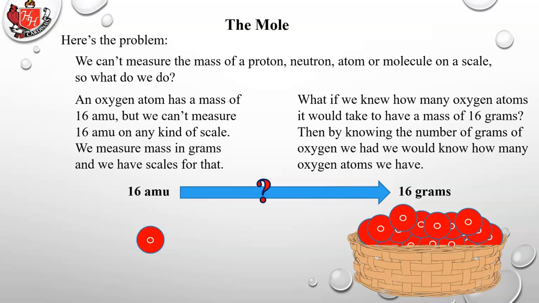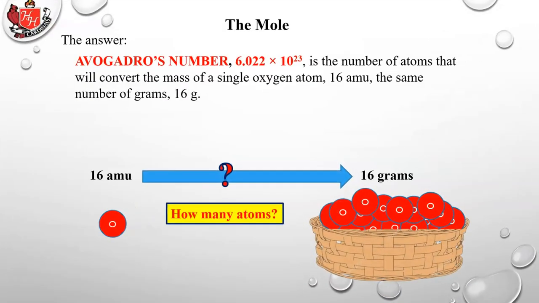So how many is it? Is that a fixed number that will get us from the 16 AMU to 16 grams? How many is it? The answer is Avogadro's number. 6.022 times 10 to the 23rd is the number of atoms that will convert the mass of a single oxygen atom, 16 AMU, to the same number of grams, 16 grams.